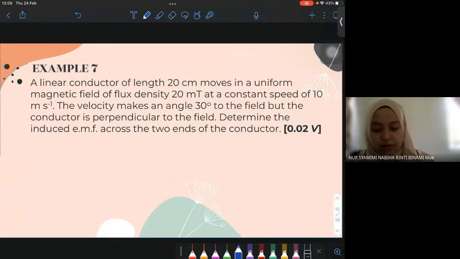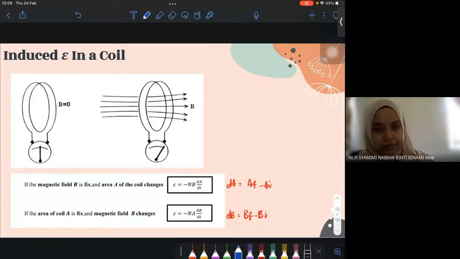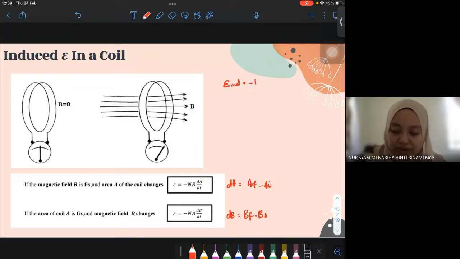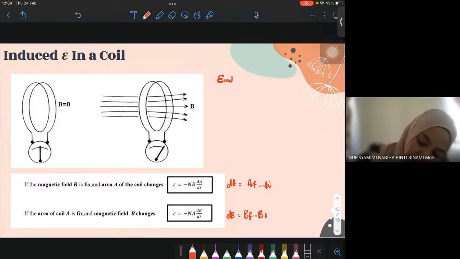The second one, so coil. Okay, for induced EMF in a coil, so we know that the general equation for induced EMF, E induced equals to negative d flux over dt, equals to negative d NBA cos theta over dt.